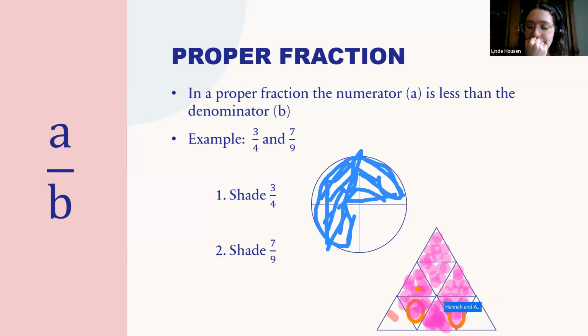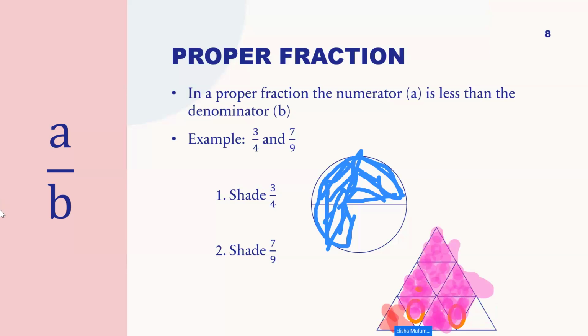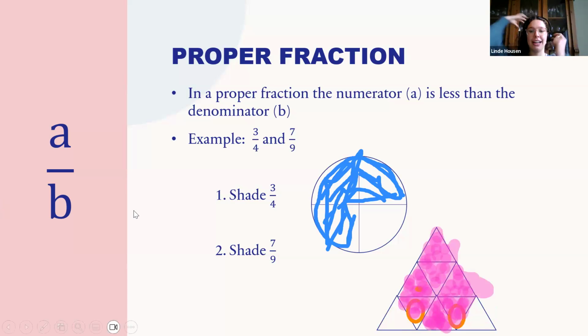Yes. Okay, perfect. Now someone else, Alicia, is shading as well. Aha, perfect, indeed. Okay, so now 7 of the 9 pieces are covered. So 7 out of 9 are shaded.